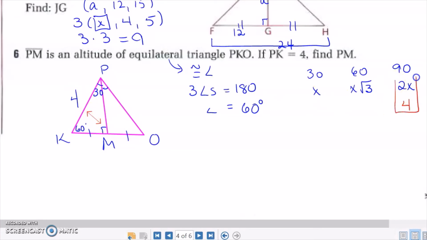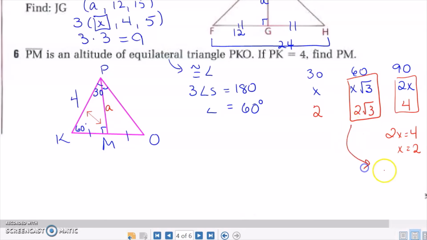Here's our equation. If 2x equals 4, then x equals 2. And then the value that we need is this altitude here, which is going to be 2 square root 3. In Moodle, you'd have to type that in as 2 asterisk SQRT parentheses 3.